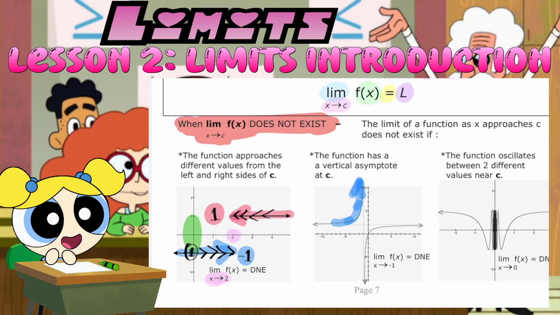I'm trying to get closer and closer to what number, you ask? As x approaches -1. Here's the -1. And what's over here in my way, like causing my graph to go absolutely crazy, right? Get that out of my way. So from the left, I'm going up, up, up, and away.